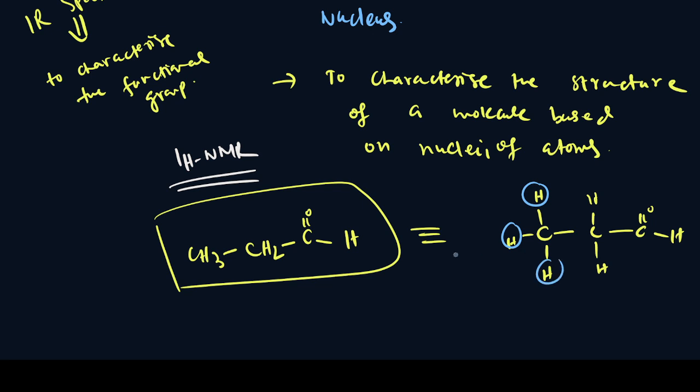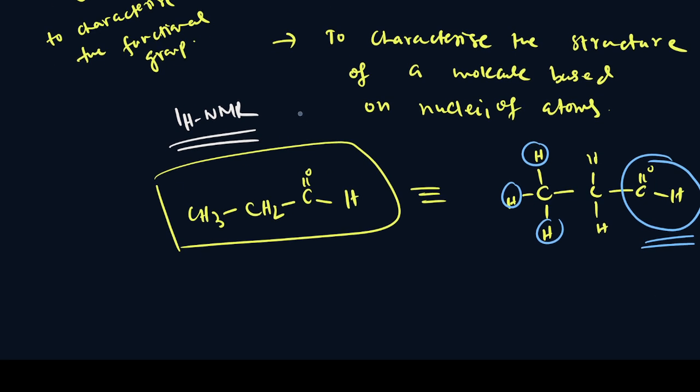This is not useful for functional groups, but if you want to characterize the structure, how the structure looks like, means around these carbons, whether these protons are in different environments or in the same. So if you want to study the structure of a molecule, then we use the 1H NMR, that we will discuss in detail.